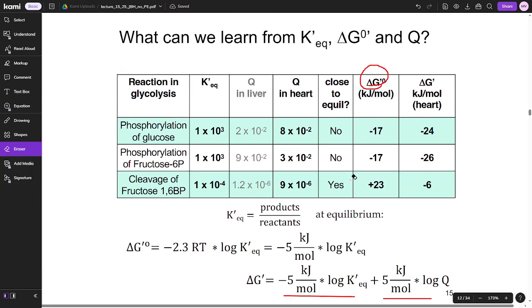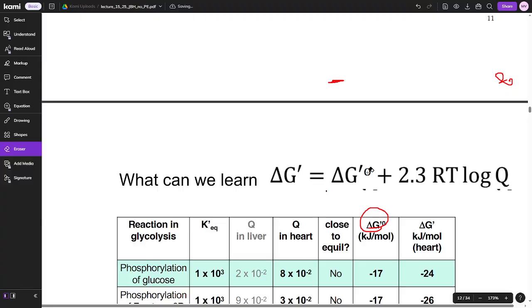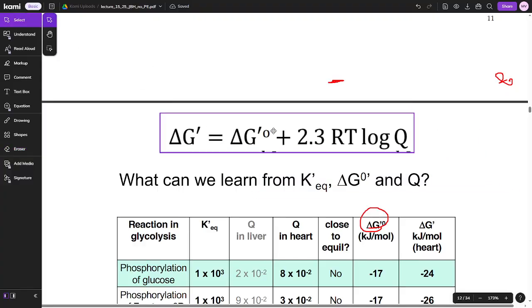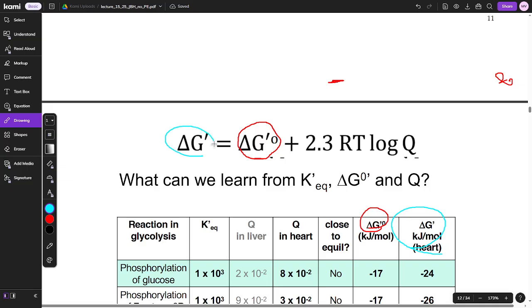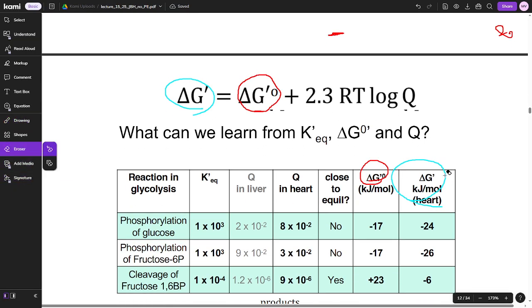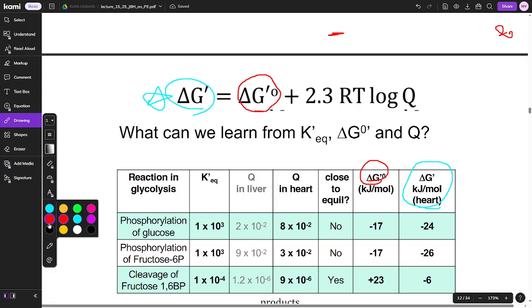Okay, cool. If I look at this, delta G naught prime is right here, and delta G prime is here. So let's use the blue for this one, a pretty bad circle, but you get the idea. What I'm trying to showcase here is the difference. So this blue is this guy right here, and the red is this guy right here.